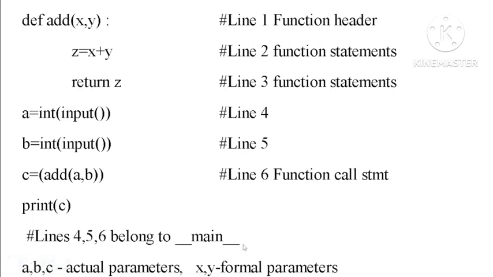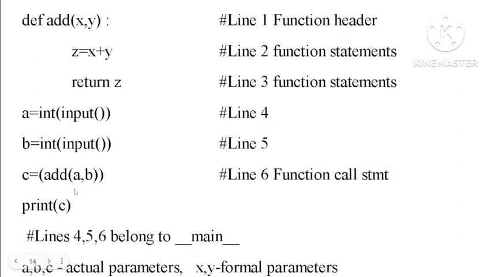Double underscore main double underscore. Where is this double underscore main double underscore saved? It is saved inside a variable called double underscore name double underscore. Okay. So lines 4, 5, 6, 7 belong to main. And this add of a comma b is the function call statement or the invoke statement. So these are terms which you have to remember.